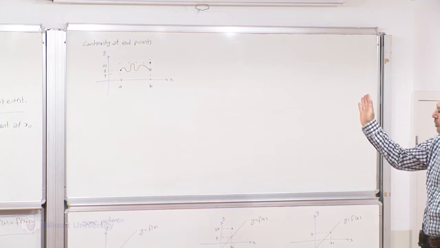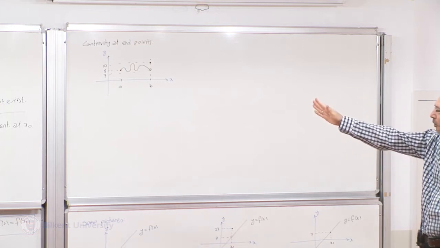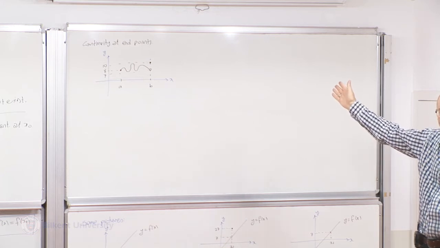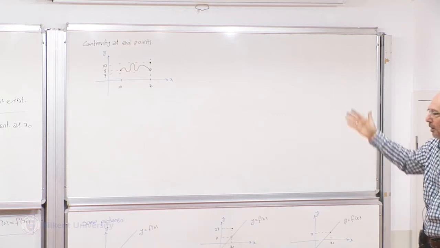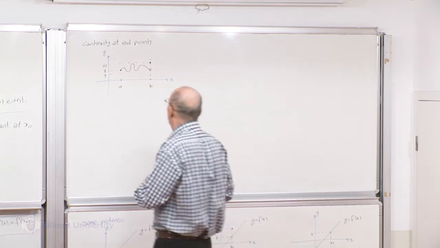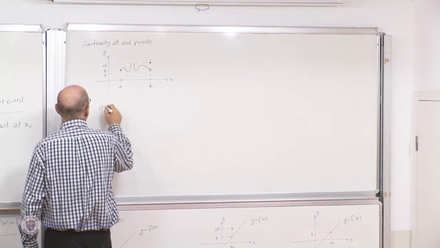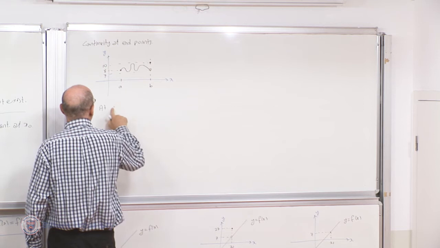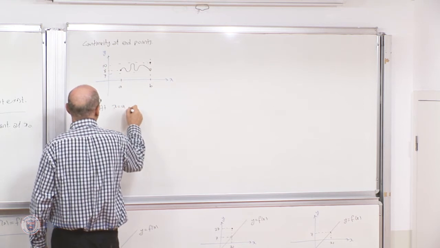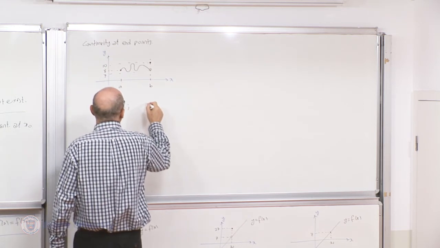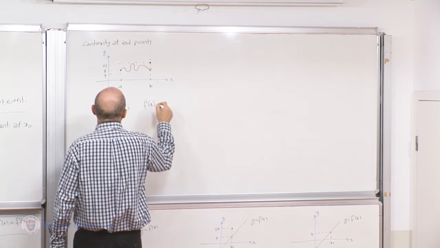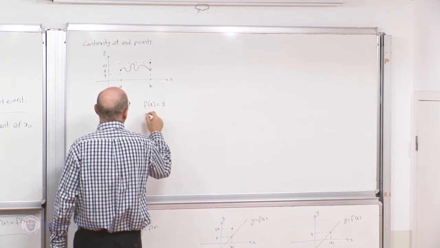So we say the function is continuous on the left-hand side, and discontinuous on the right-hand side. At x equals a, f of a equals 8.